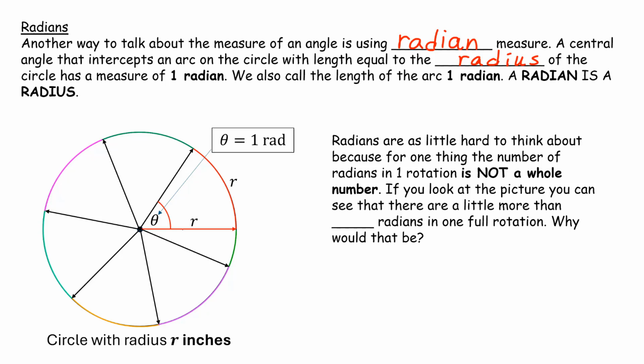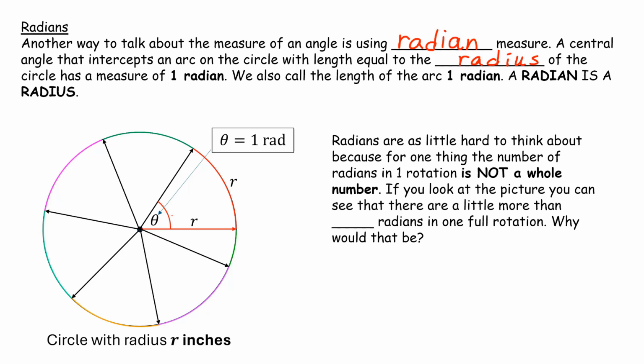So if the radius is this r here, if we were to take that radius and bend it and wrap it around the circle so that the length of that arc is now r, the angle that you get when you intercept that arc with 2 radii, and you've got that angle in between, theta, that is what is called 1 radian. So the angle, we would measure that and call it 1 radian. And also the length of that arc can also be called 1 radian.